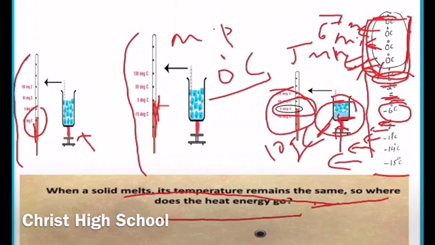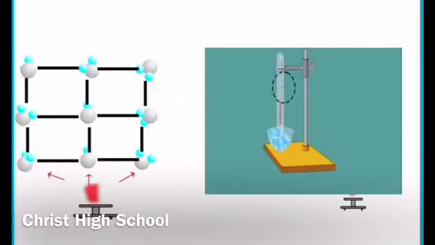We are heating it, and till 10 minutes the temperature remains constant at 0 degrees Celsius. The ice cubes are getting heat from the burner, but there is no change in the temperature. Then where does the heat energy go? The heat energy is called latent heat.